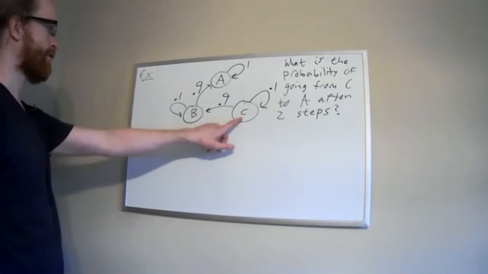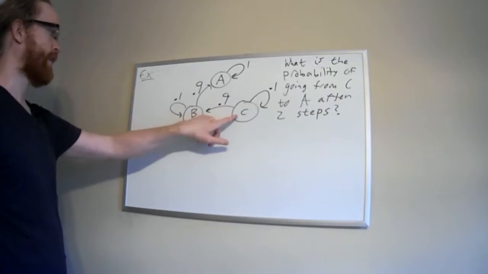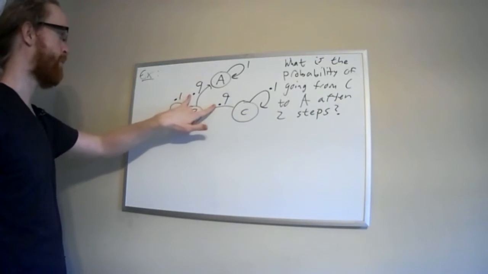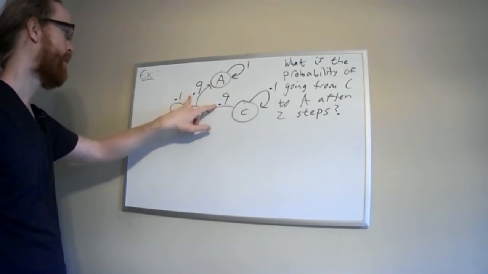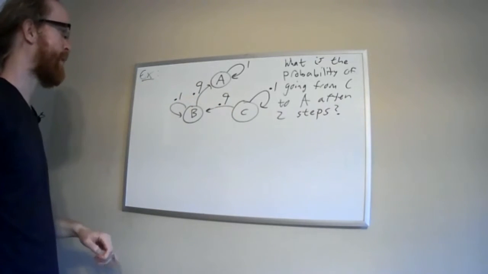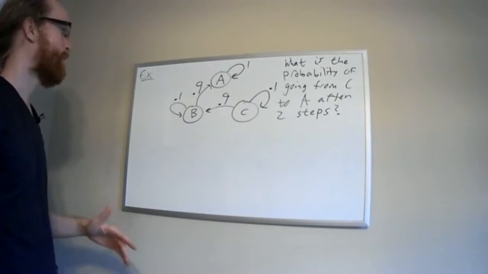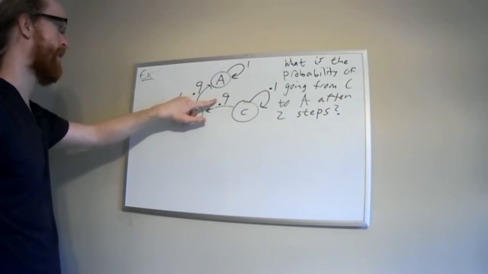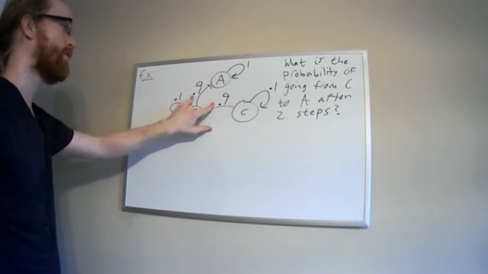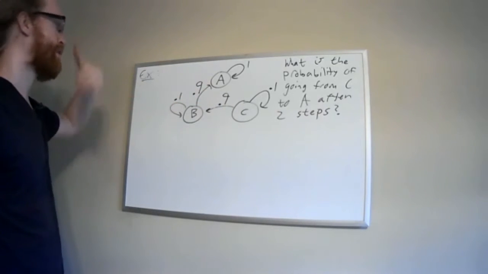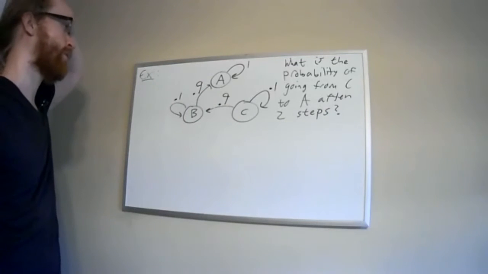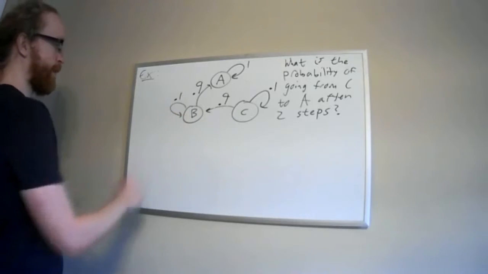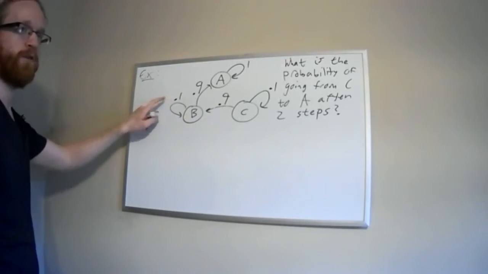All right, so C is down here, A is up here. I could get to A by going to B and then to A, and those have big probabilities on them, that's 90%. So we should expect that the probability will be high, because the arrows that get from C to A are heavily weighted, with nice big probabilities of like 90% each. The odds of getting stuck at B and going back around are low because that's only labeled 0.1.